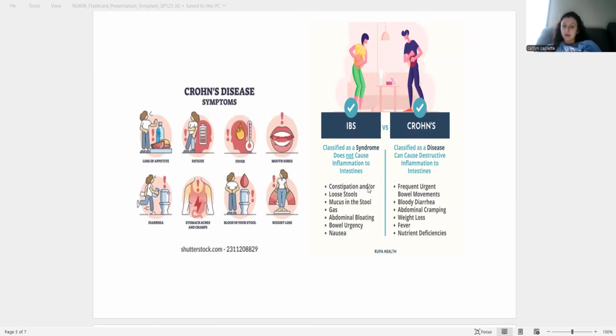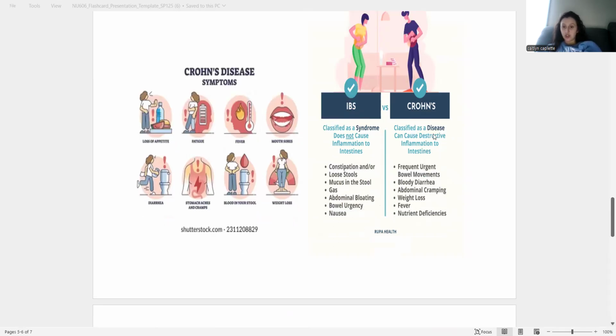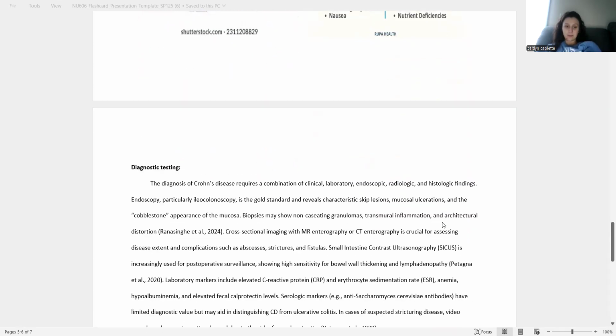Under that umbrella can be constipation and or loose stools, mucus in the stool, gas, abdominal bloating, nausea, whereas Crohn's is a disease and can cause destructive inflammation to the intestines and has more common symptoms of frequent urgent bowel movements, bloody diarrhea, abdominal cramping, weight loss, fever, and nutrient deficiencies.